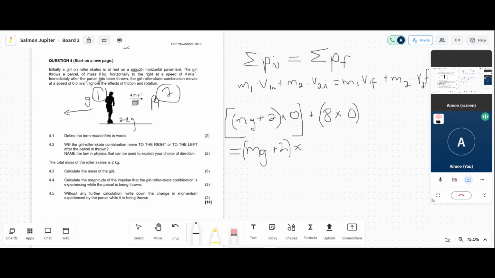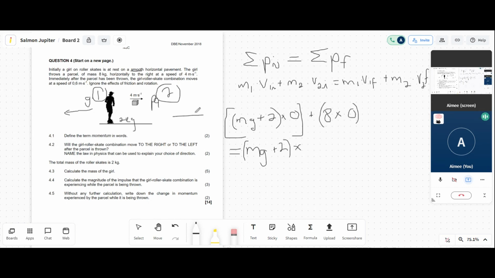It says in the description, the girl roller skate combination, so that's why I've included her mass and the 2 kilograms of the roller skates in my calculation.